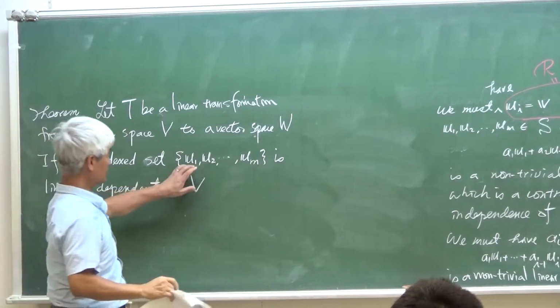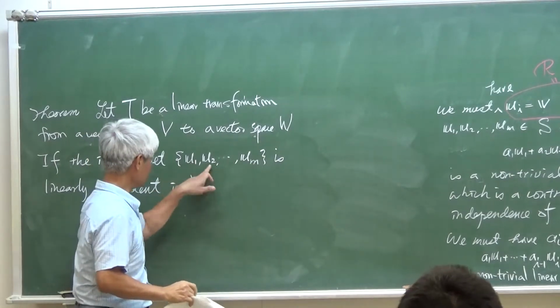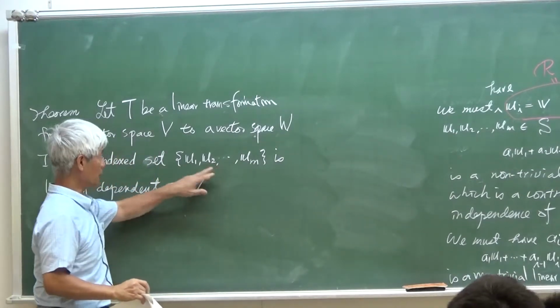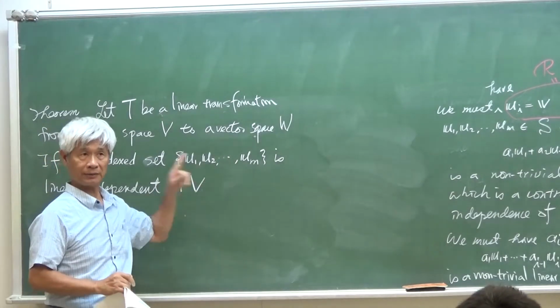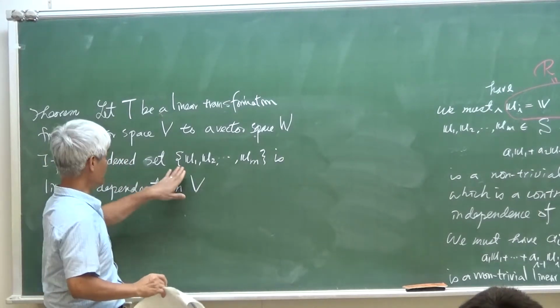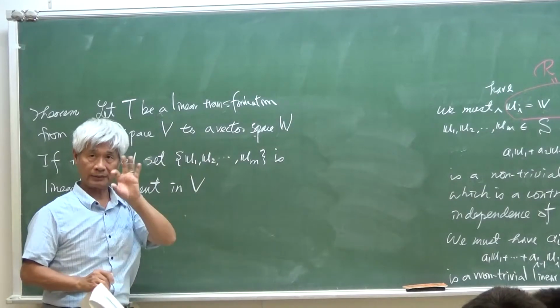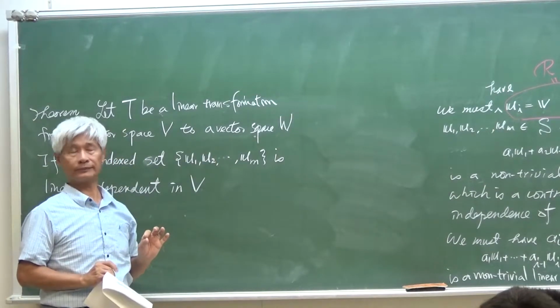I just index the vectors. So it's possible U1 is equal to U2, right? It's possible. Whenever I say index set, it's possible some of them are the same vectors.